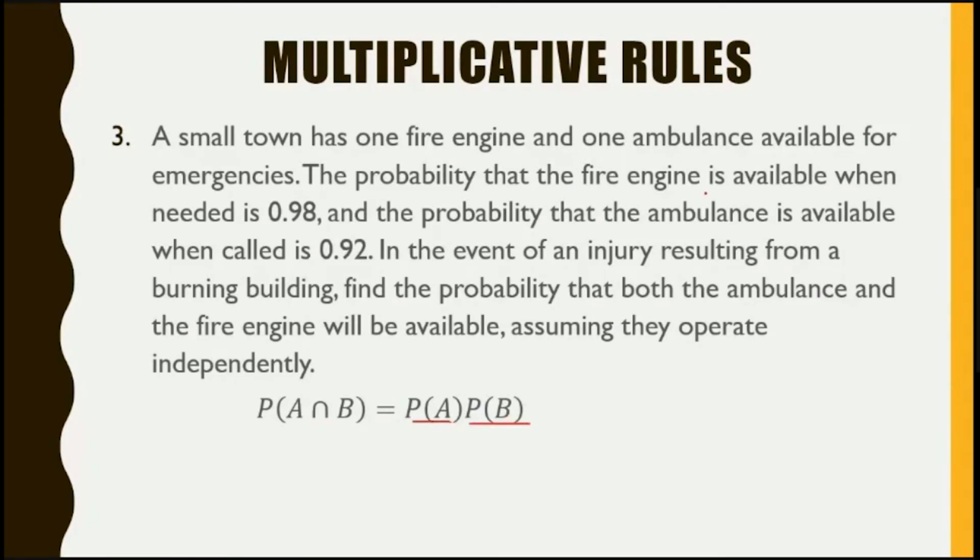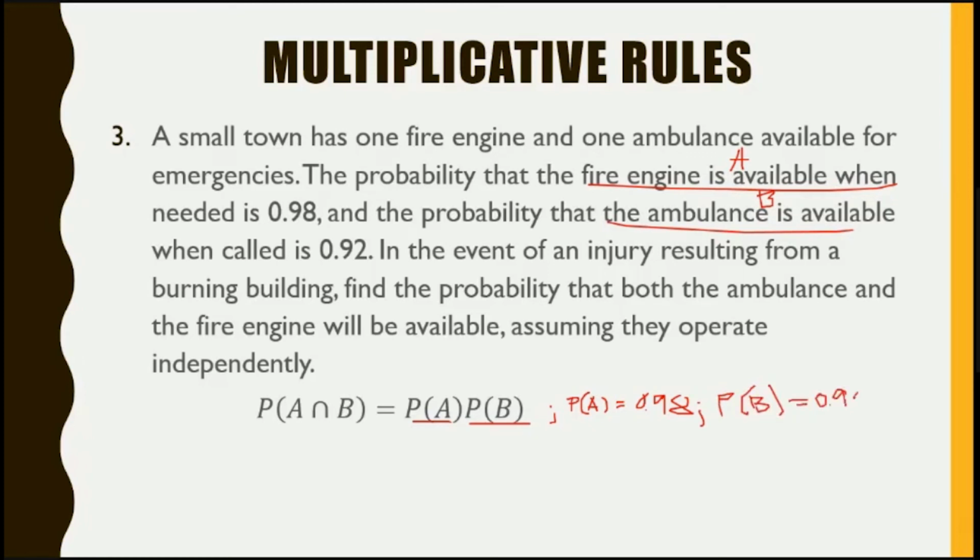So if this is our event A, the probability of event A is equal to 0.98. And if our event B is the ambulance is available, its probability based on the problem is 0.92.